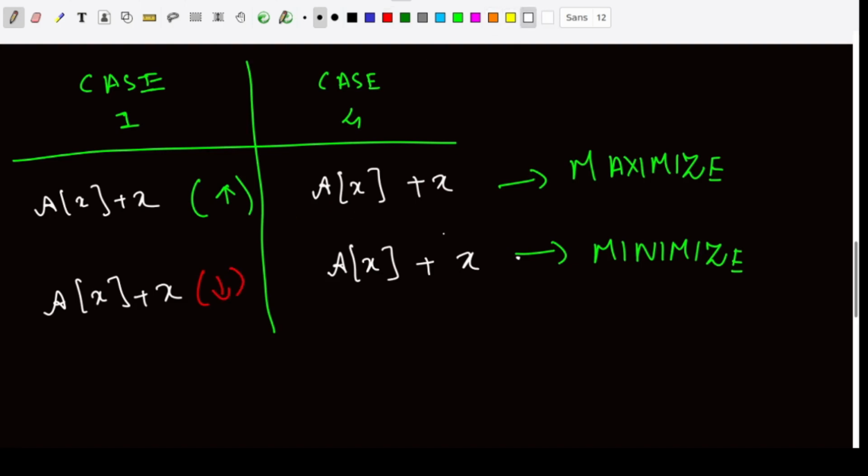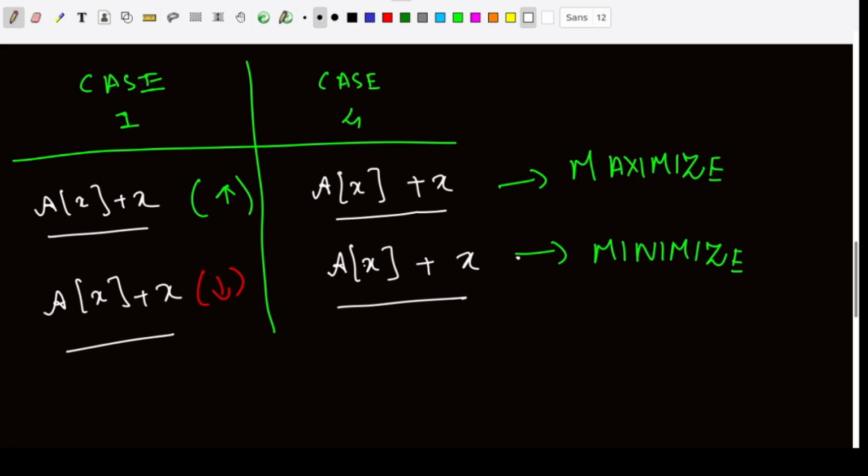Basically, what I was trying to show you is that in case 1 and case 4, the term which we were trying to maximize is ax plus x, the same term, and the term which we are trying to minimize is the same. Don't go on x exactly, because then it will all become the same thing, and maybe it will translate to 2x or something.